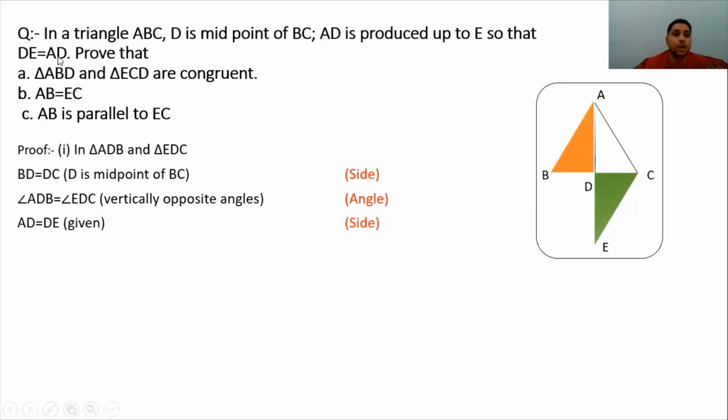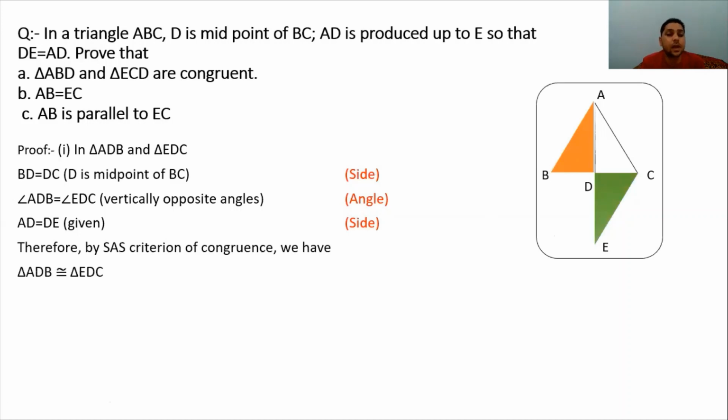So one side is equal, BD equal to DC, one angle is equal, and another side is equal. According to the side angle side criteria, the triangles are congruent to each other. Triangle ADB is congruent to triangle EDC.